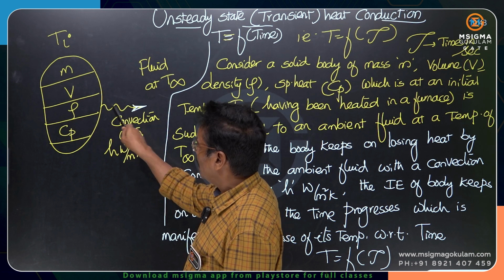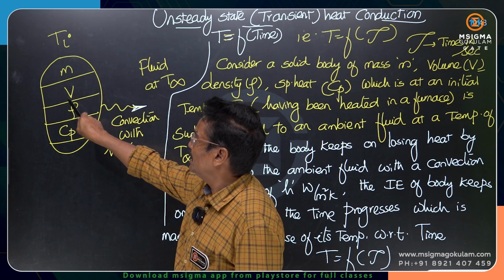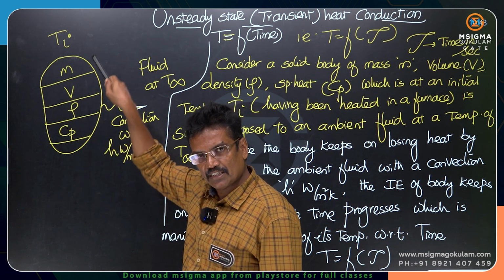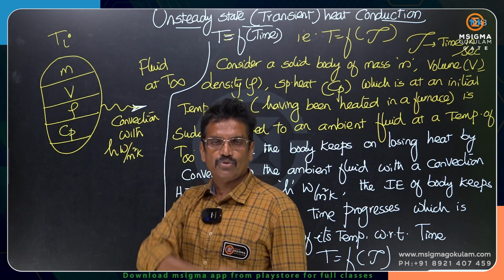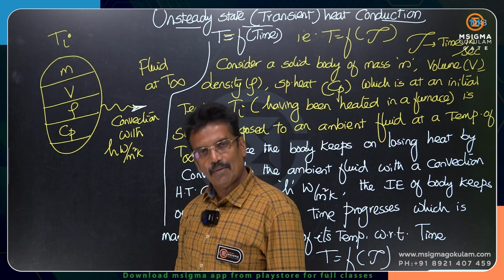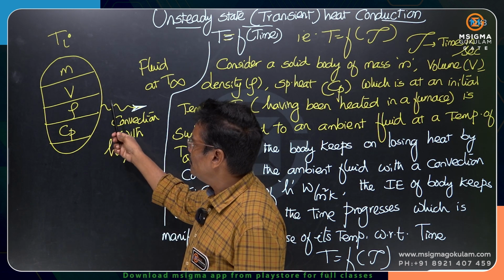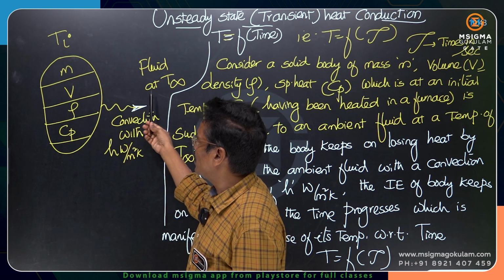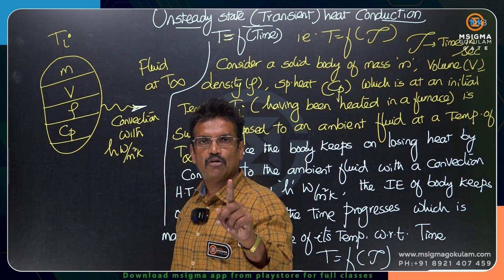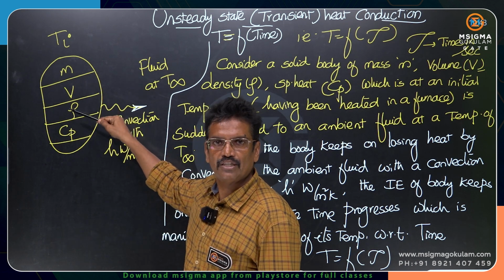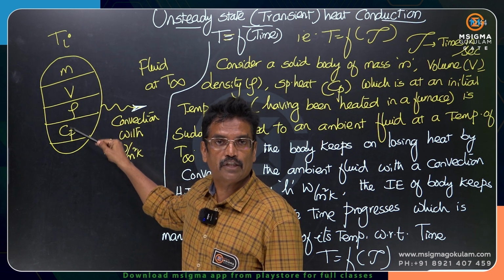Because of that 100 joules of heat lost, the internal energy of the body must exactly decrease by 100 joules. I mean to say that the rate of convection heat transfer between the body and the fluid must be equal to the rate of decrease of internal energy of the body with respect to time.